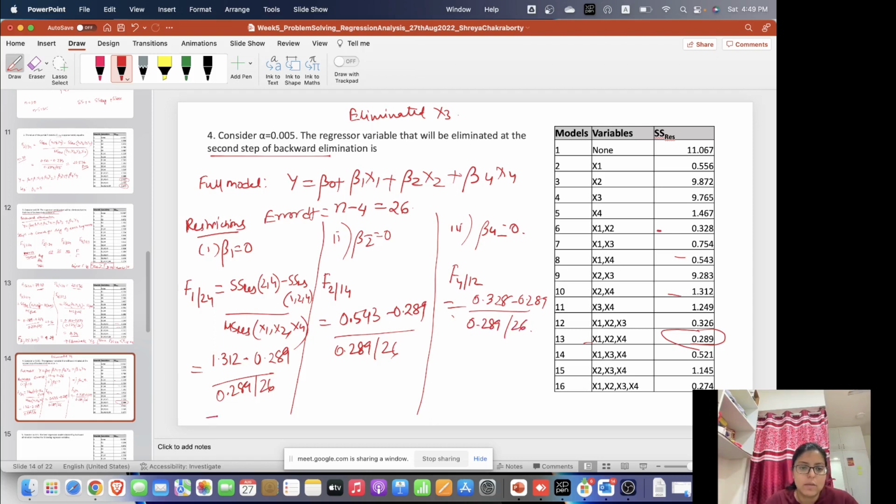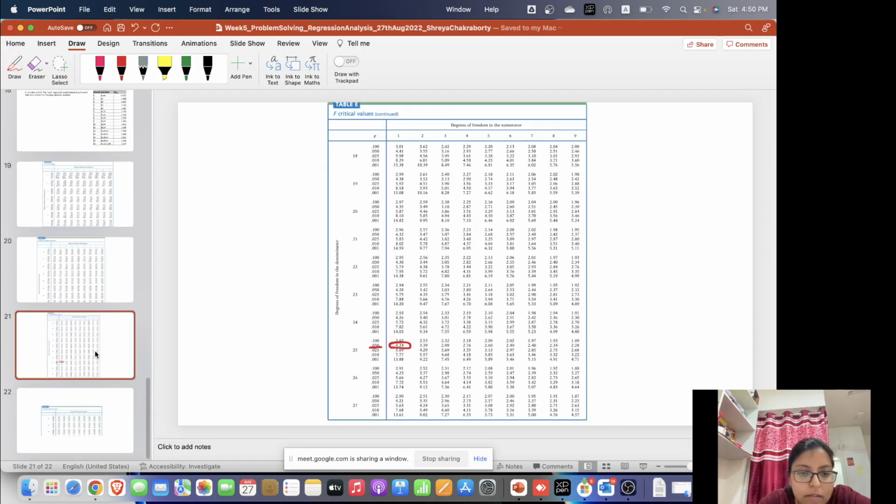If you calculate this, this will be something around 92.03, this around 22.85, and this around 3.5. Now in this second step, my F threshold would be df of the numerator, df of the denominator, and the upper alpha 5% critical value. We find this from the F table.